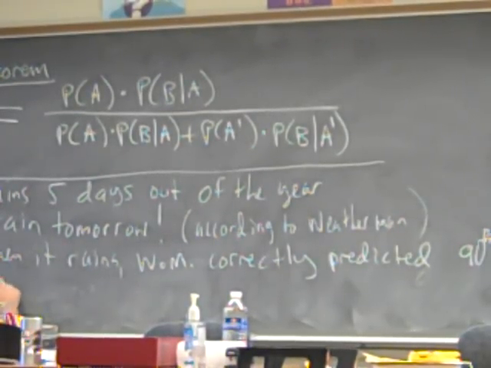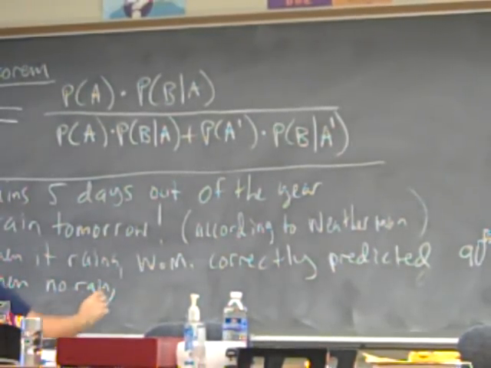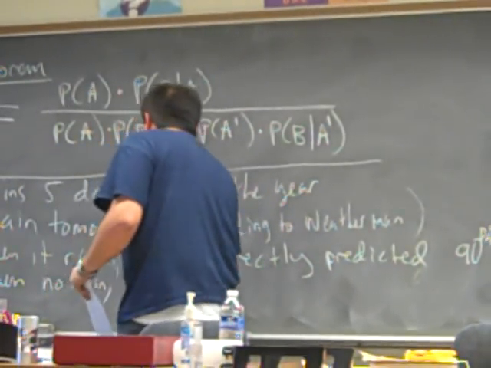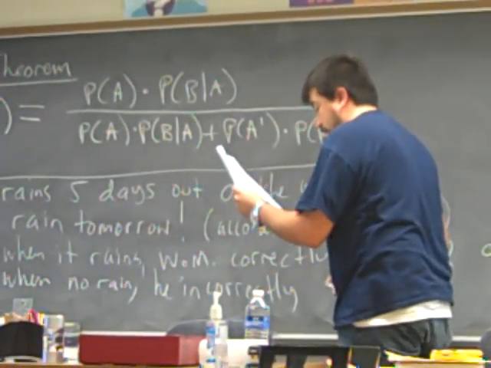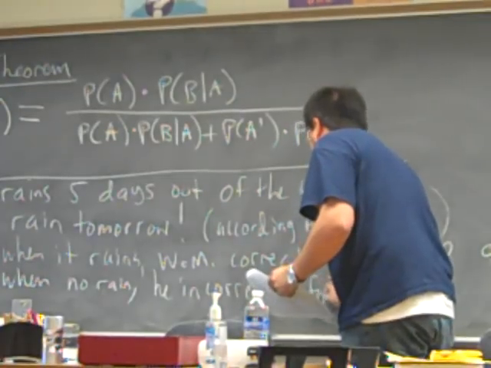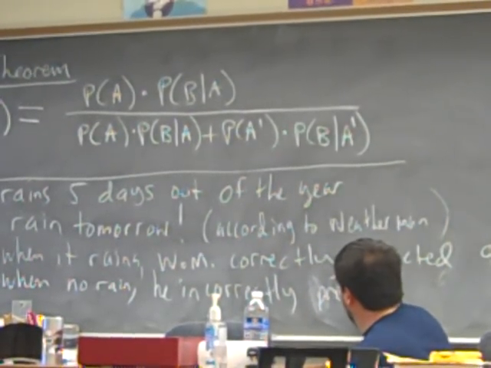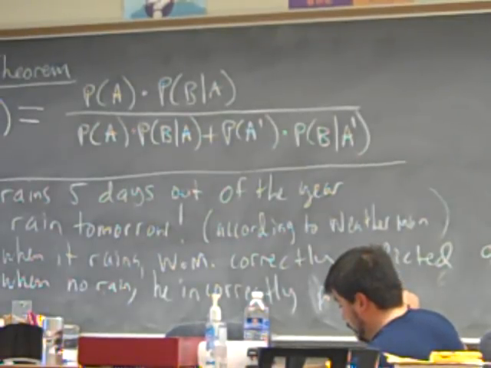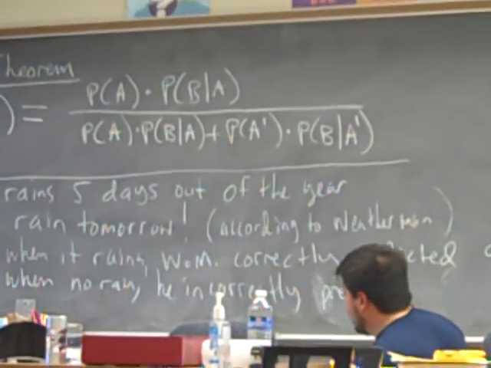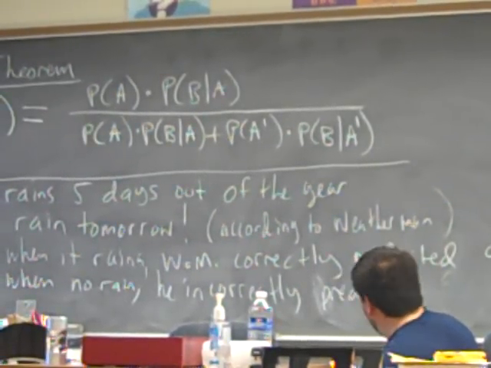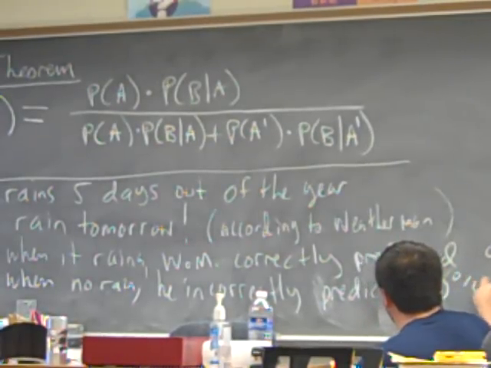When it doesn't rain, he incorrectly forecasts or predicts that it will rain 10% of the time.